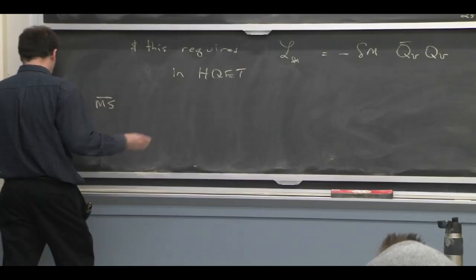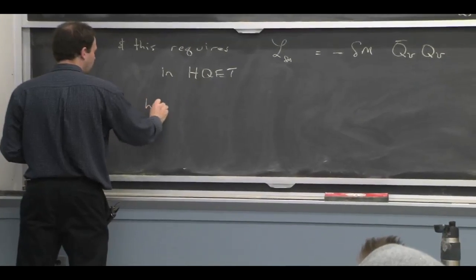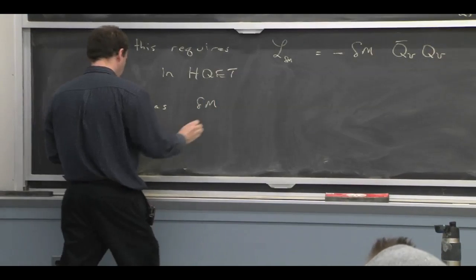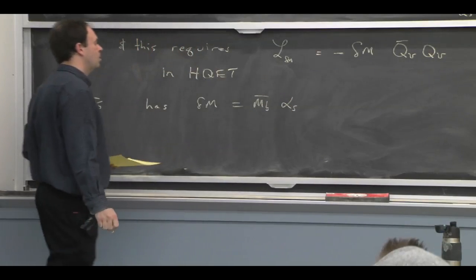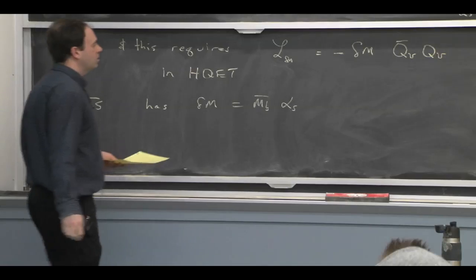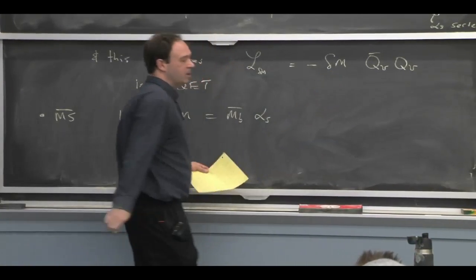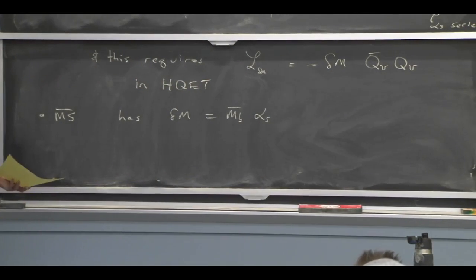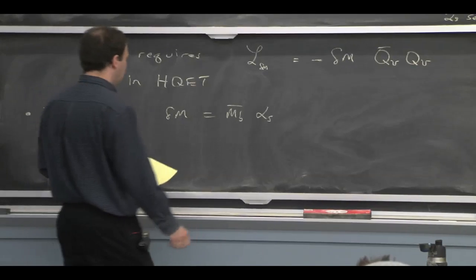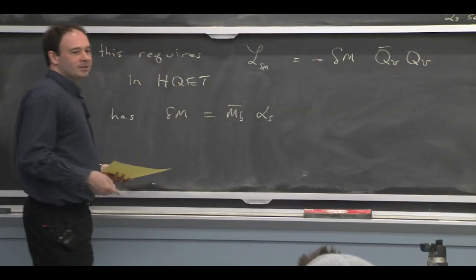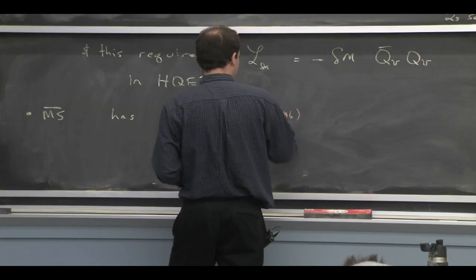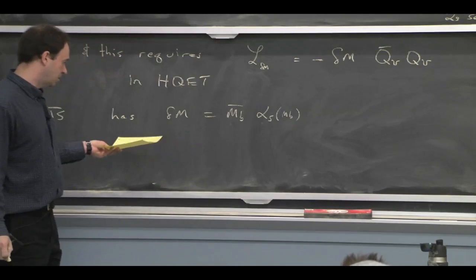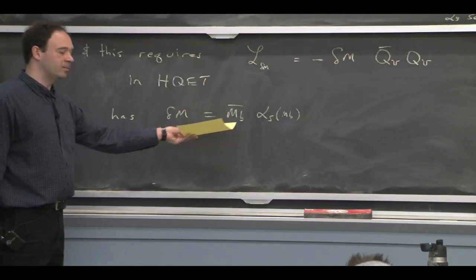In MS bar, if you look at what delta M is, delta M is M_B bar itself times alpha. But by power counting, you don't want something that's growing with M_B in the Lagrangian. M_B bar is suppressed by alpha, so it's alpha at M_B. That is providing some suppression, but that's only 0.2. And that's actually just not enough suppression to get rid of the big M_B here.